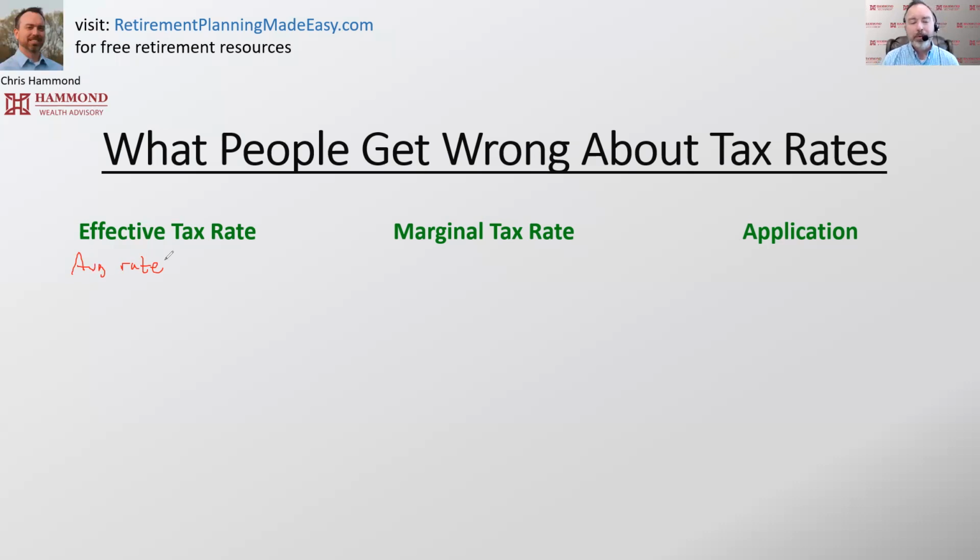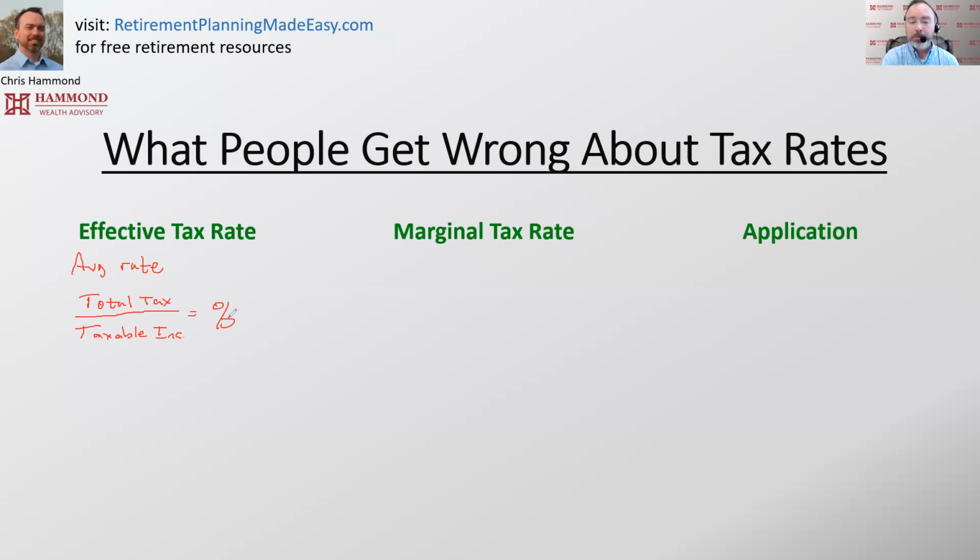Now, the way you calculate this is you take a figure called the total tax, that's the total tax that you owe, and you divide that by taxable income. And then that's going to give you a percentage.